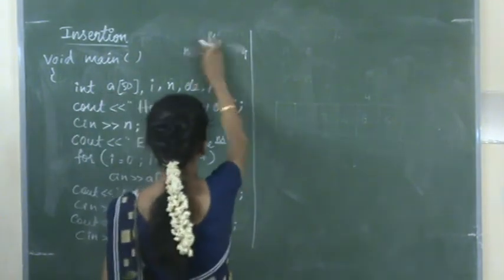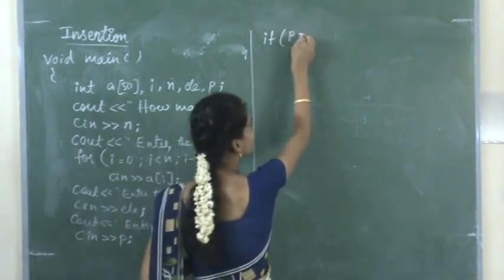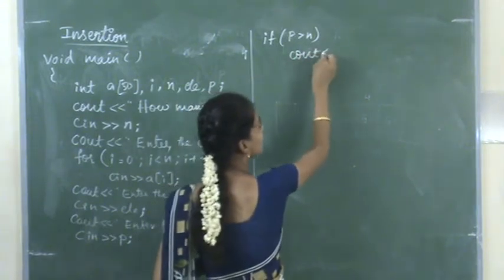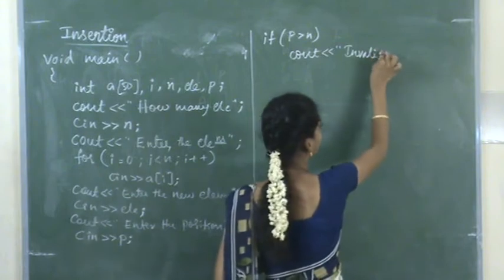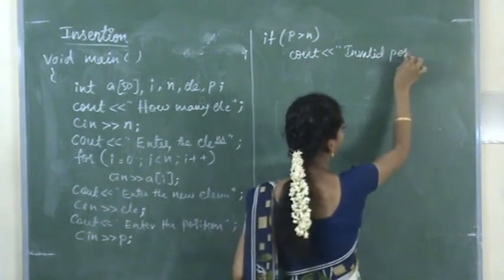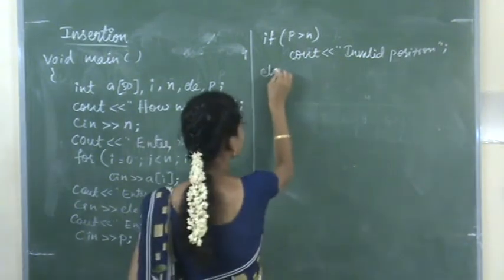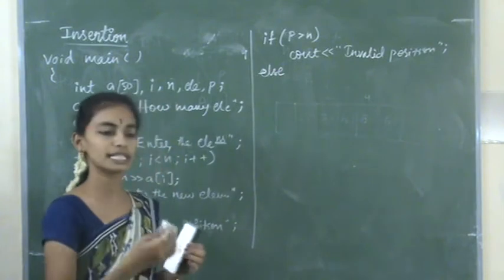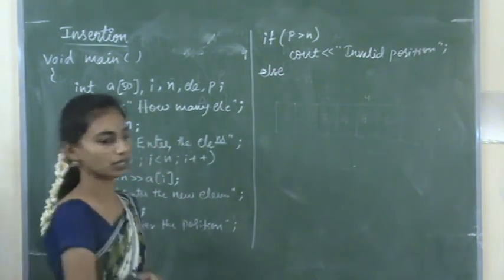So I declared that if position is greater than n, print invalid position. Okay, so else, if it is not greater than n, means if it is less than n, we perform the insertion operation, right?